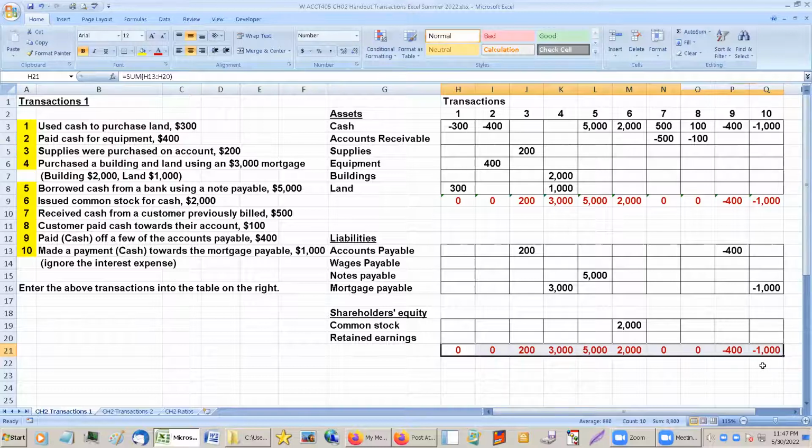And that if one side changes, then the other side has to change also. So for every transaction, at least 2 accounts. It could be 3, it could be 4, it could be 10, but there has to be at least 2.